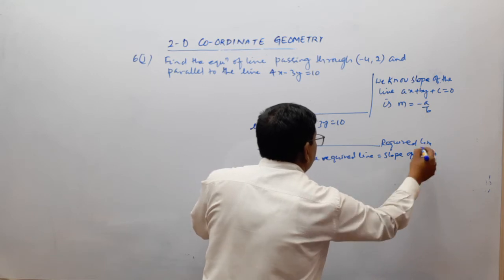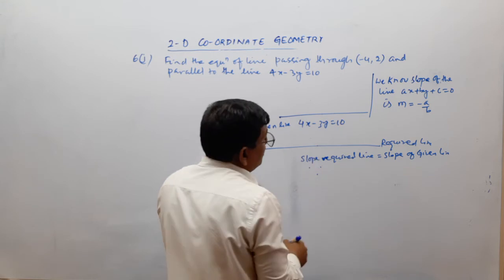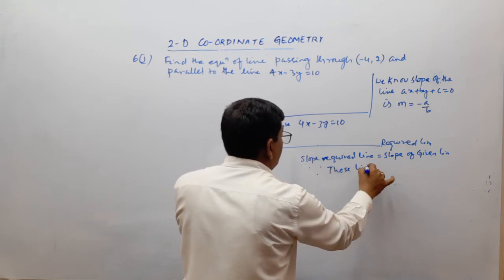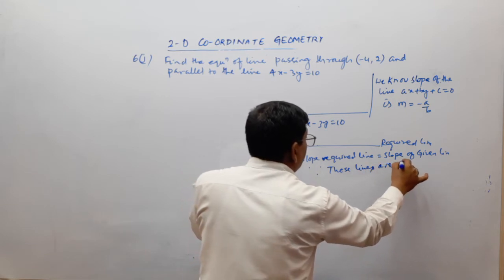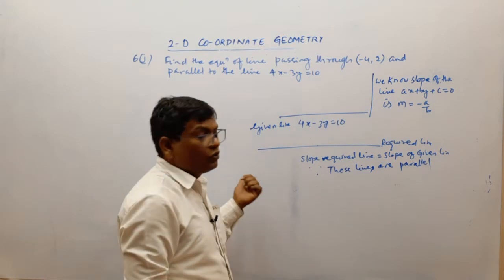If two lines are parallel, then their slopes are equal.